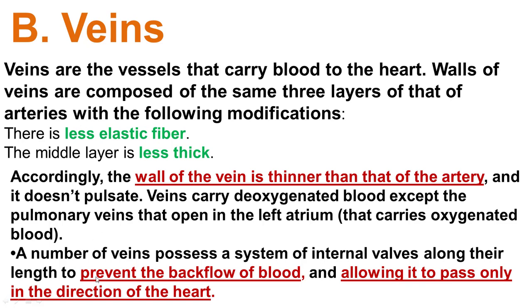A number of veins possess a system of internal valves along their lengths. So not all, but some veins contain internal valves to allow the blood to flow in only one direction and, against gravity, prevent the backflow of the blood. So the valves here work the same function as the valves inside the heart.